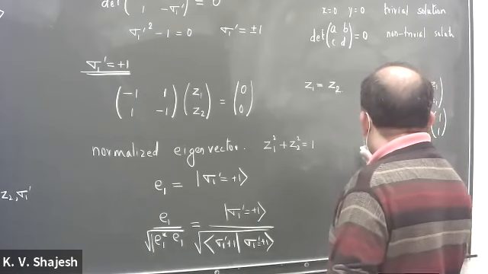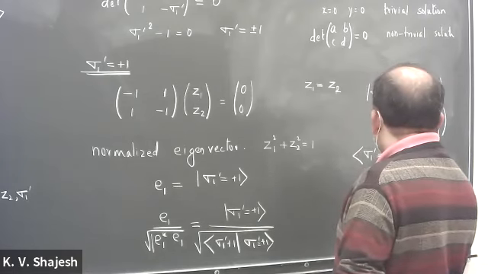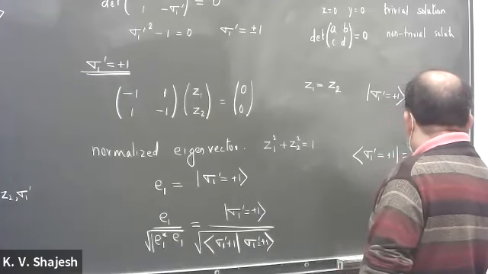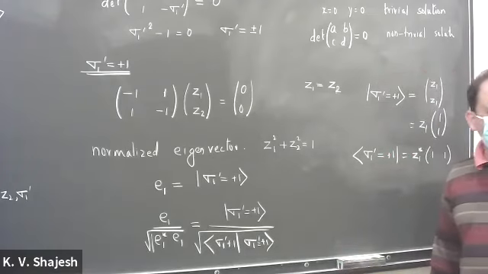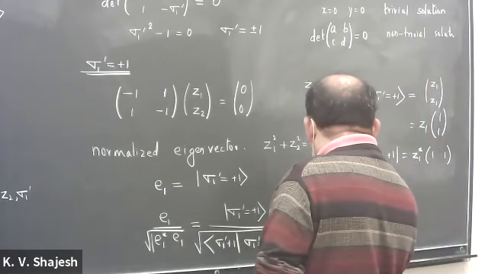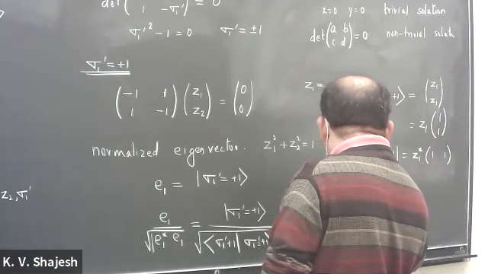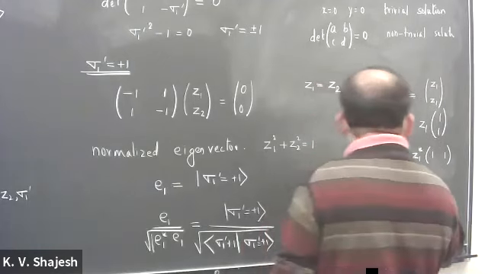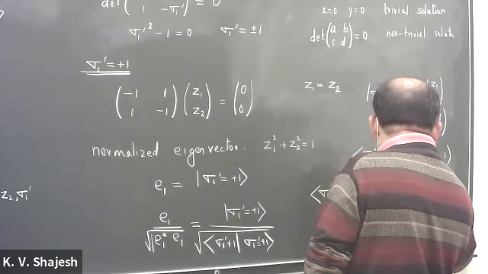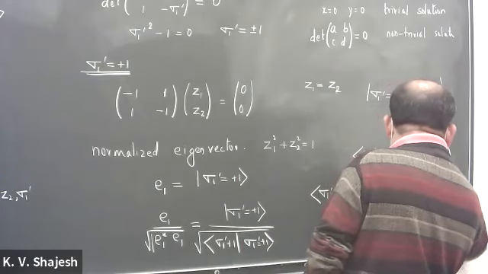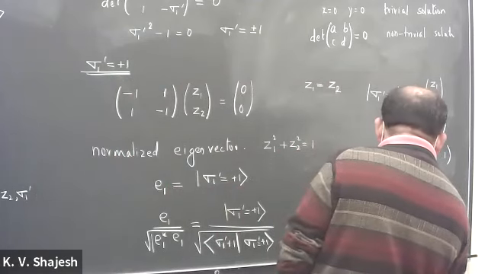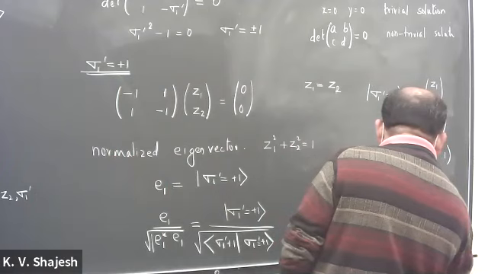So sigma 1 prime equal to plus 1 is equal to Z1 times (1, 1). Right. Multiplied by its conjugate, Z1 star Z1 times (1, 1) dotted with (1, 1), that's 1 times 1 plus 1 times 1, so it's 2. So it's equal to 2 times Z1 star Z1.